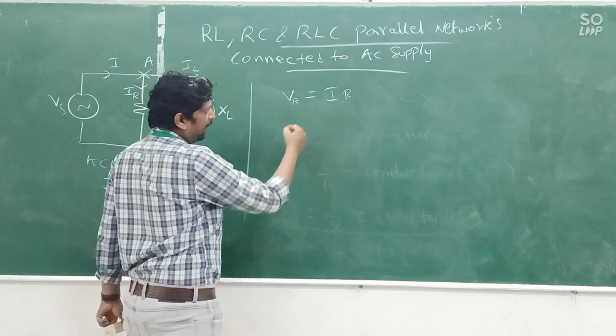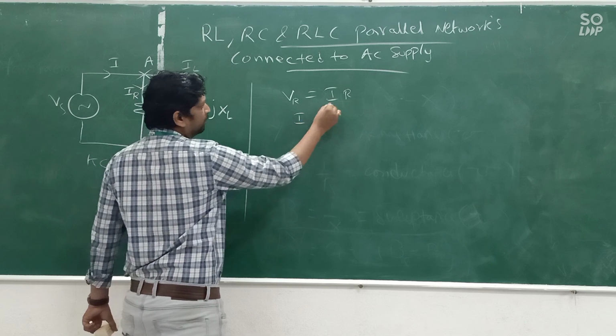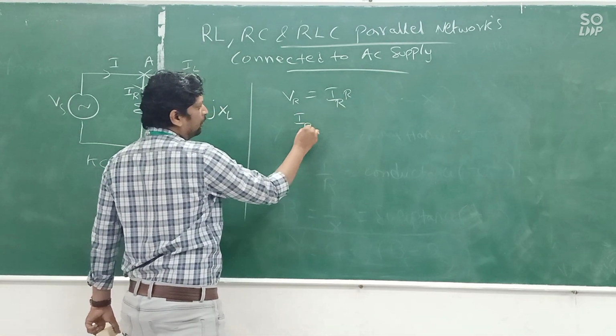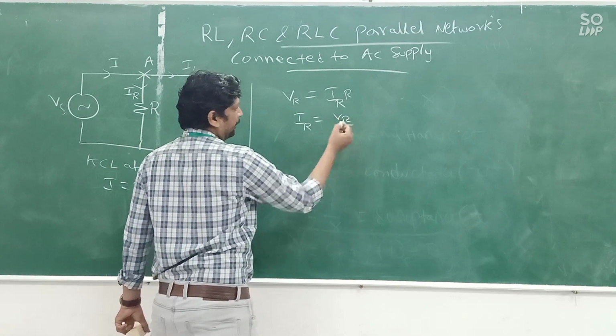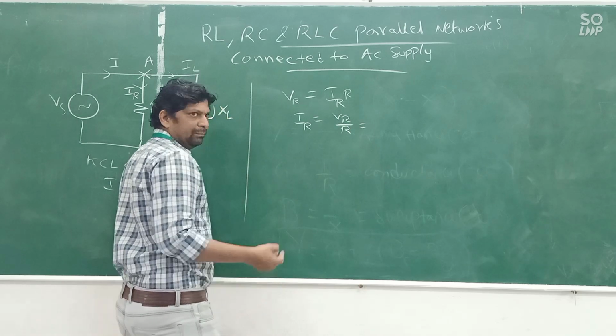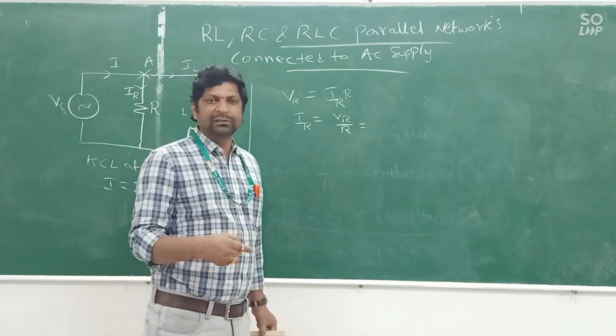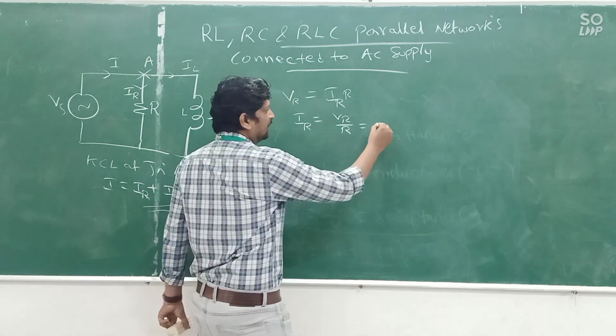So from here I can write I is equal to the current in resistor, which is VR by R. So indirectly I can write it as 1 by R. 1 by R is nothing but conductance. 1 by R is nothing but G, which is conductance.